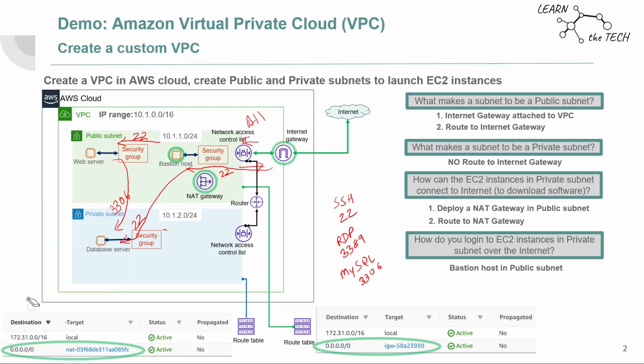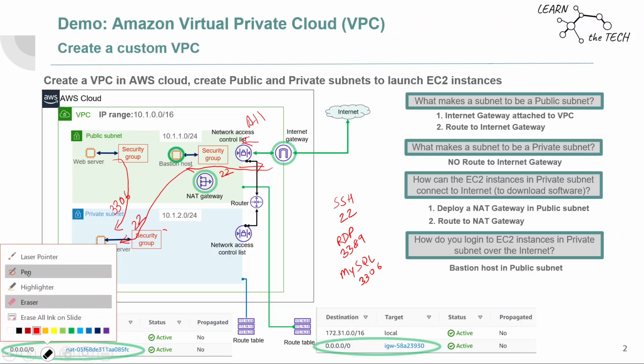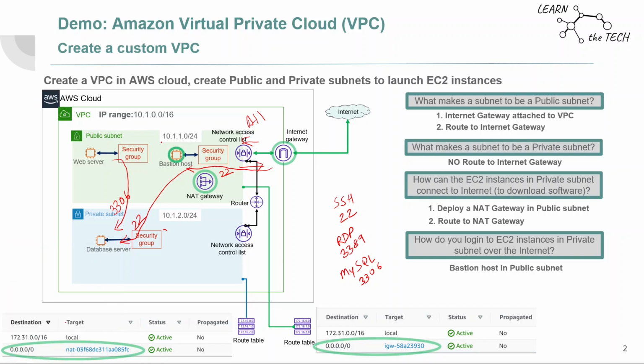Instead, we can use the same bastion host and allow only traffic from the bastion host into the web server on port 22. This way, we have secured the access to the subnets through the necessary gateways and access to the instances via the security group rules.